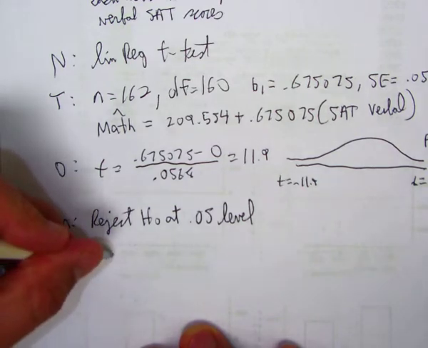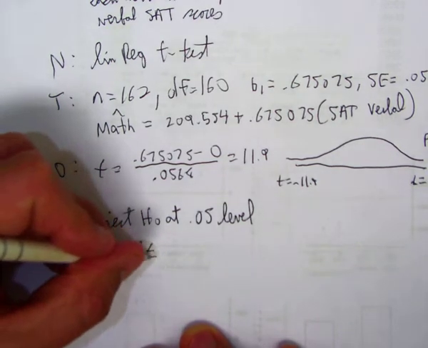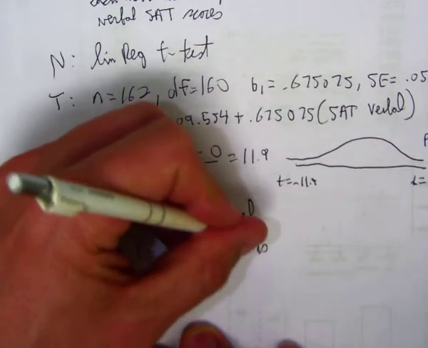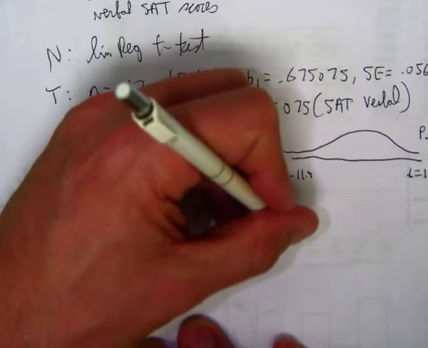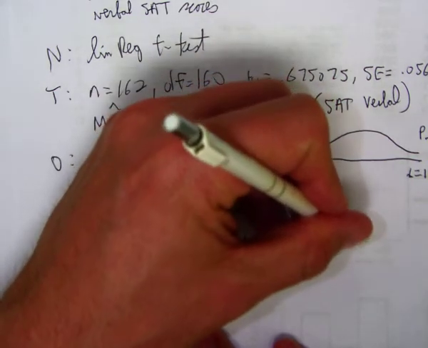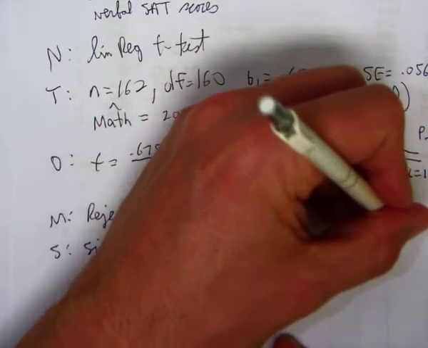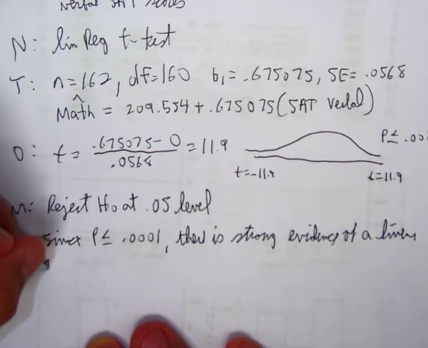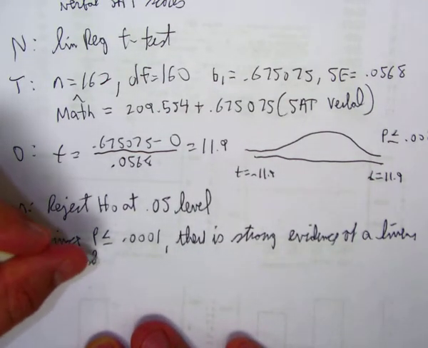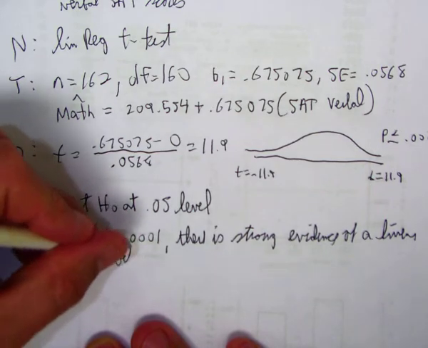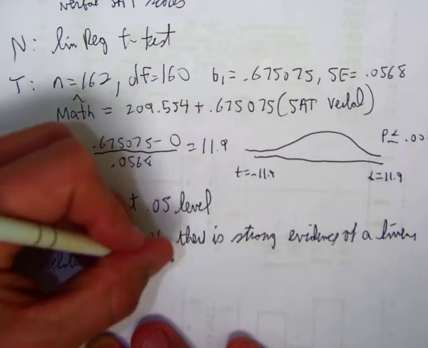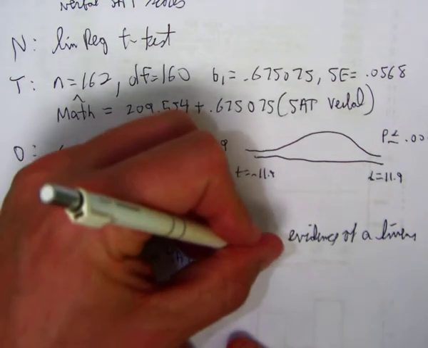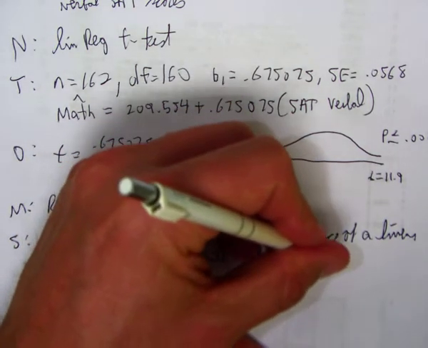Since P is less than 0.001, there is strong evidence of a linear relationship between SAT math and SAT verbal scores.